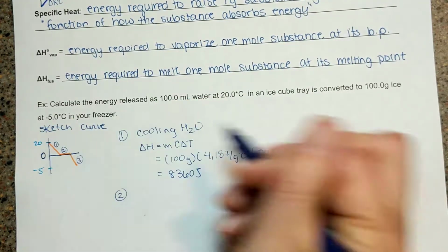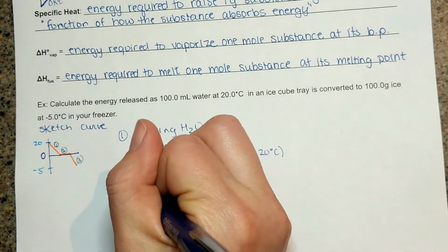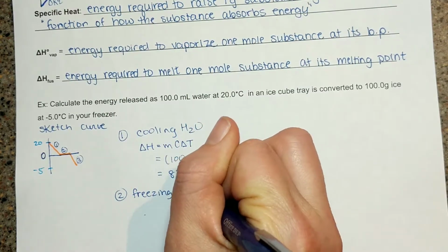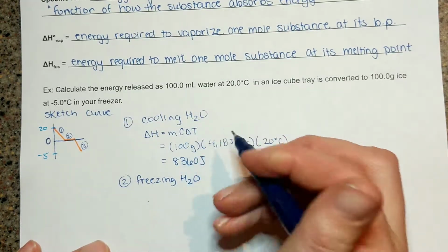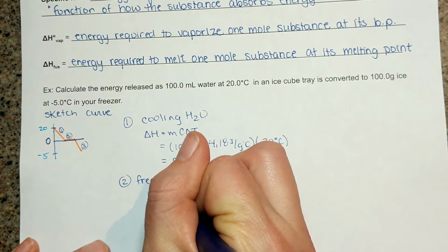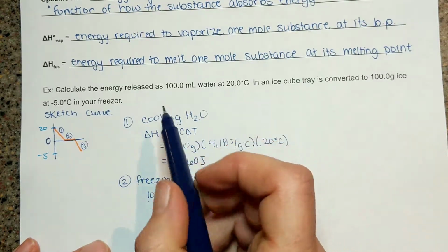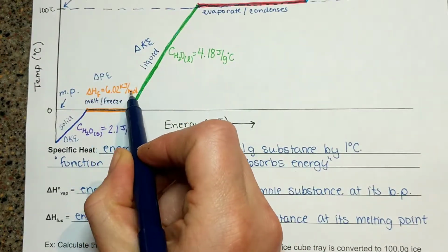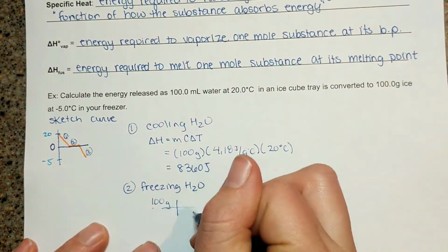My second part of my heating and cooling curve is the freezing of water. I know this happens at 0 degrees Celsius, so I know that I can't have a change in temperature. So here, I can just use what I'm given, my 100 grams, and I know that my heat of fusion is 6.02 kilojoules per mole. So I can convert this into moles.